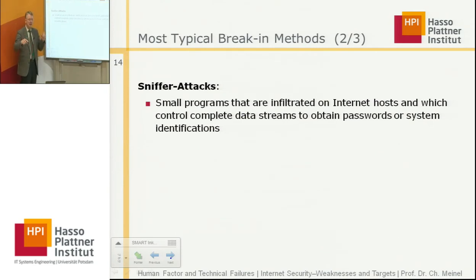You remember, in a local network, it's a broadcast network, so all packets are sent to all hosts in the network. So the sniffer program controls all this traffic and, for example, looks for passwords. So it looks, for example, for patterns like pwd and then something to collect passwords, and then later on to misuse this password for own and bad purposes.